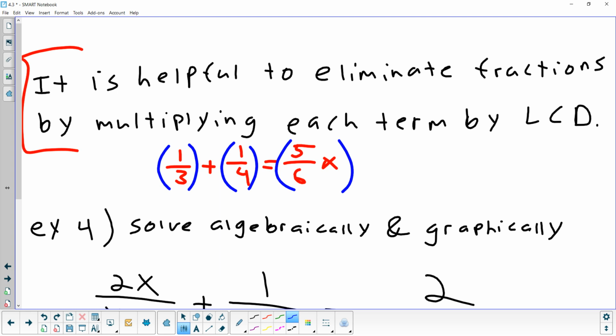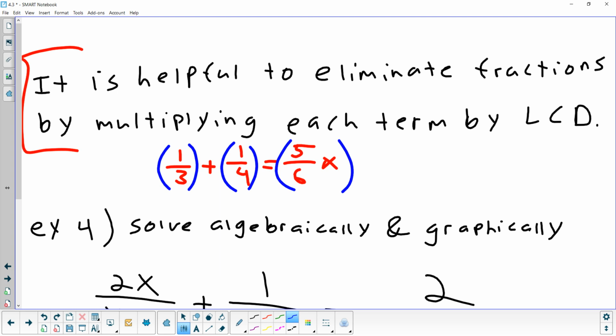Anybody see what number I could multiply everything by? Trying to find the least common denominator of all the denominators I have: 3, 4, and 6. So it would be a number that they all divide into evenly. Jack? 12.